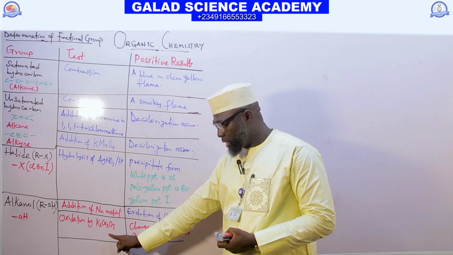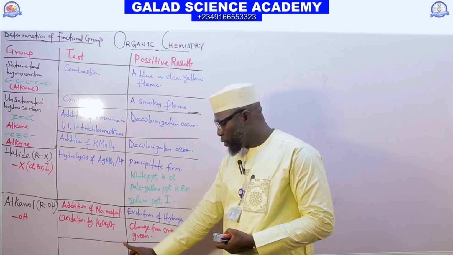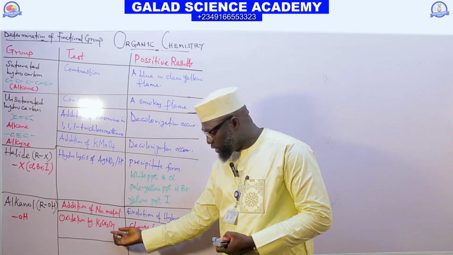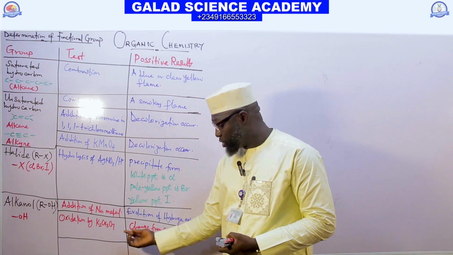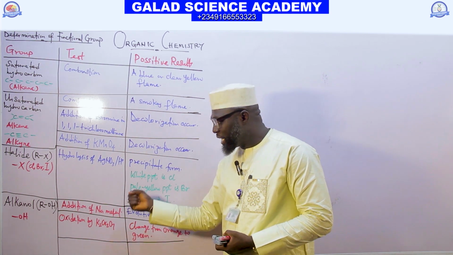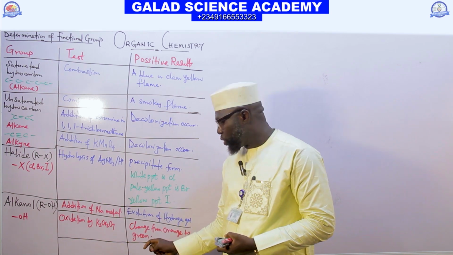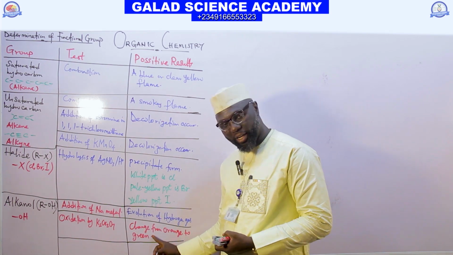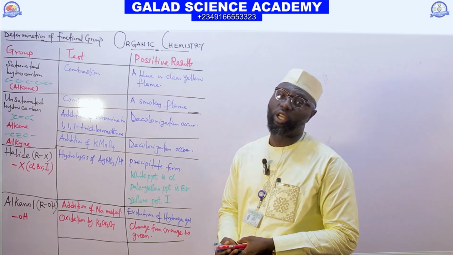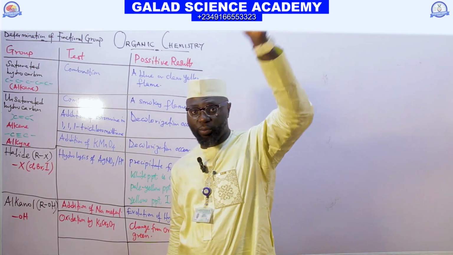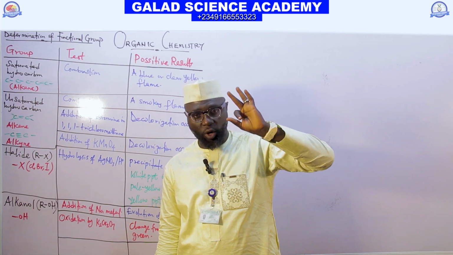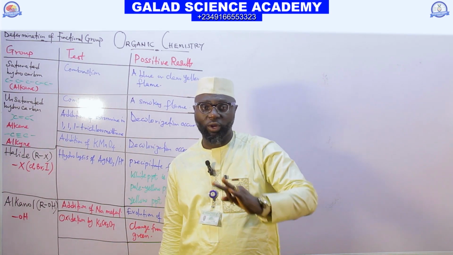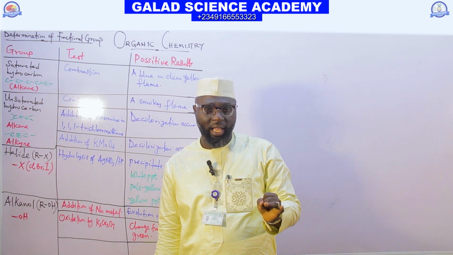For the oxidation of alkanol by K2Cr2O7, the color is orange, and whenever it reacts with alkanol, it will give us green. And you know that the oxidation of alkanol can exist in two forms. Oxidation of primary alkanol will give us alkanal.